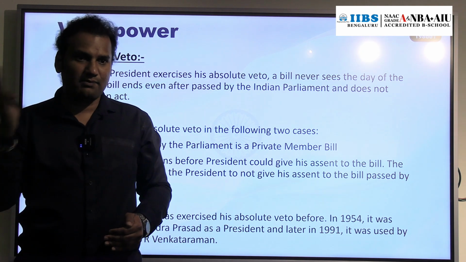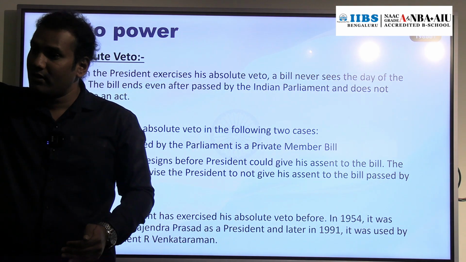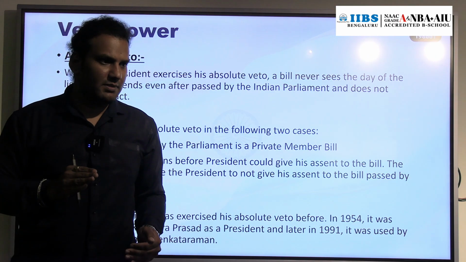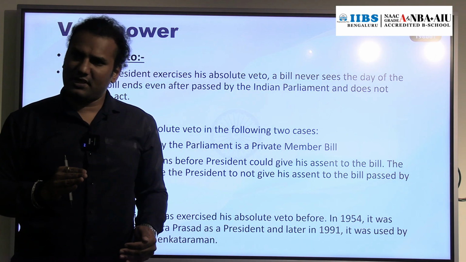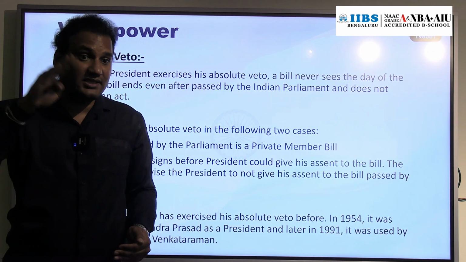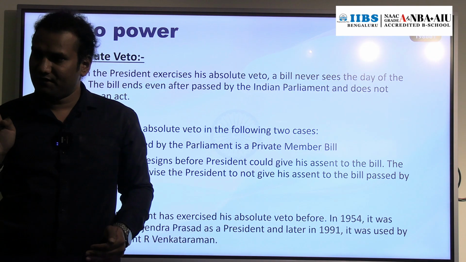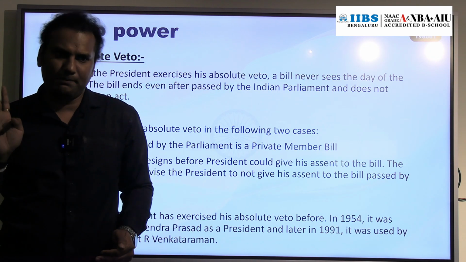Once the bill is passed by both houses of Parliament, it is sent for the assent of the president. At that time, the president will decide whether to give assent to the bill or not. That power, in simple language, is a veto power.